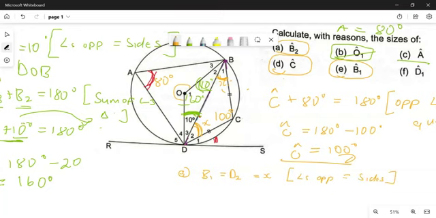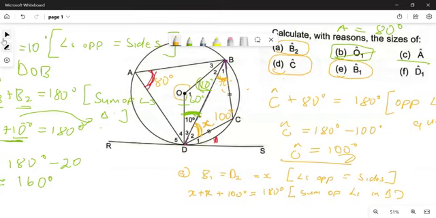Now from here, based on what you said, we make this one X and this one X. Then we can say X plus X plus 100 gives us 180 degrees, and the reason here is the sum of angles in a triangle.